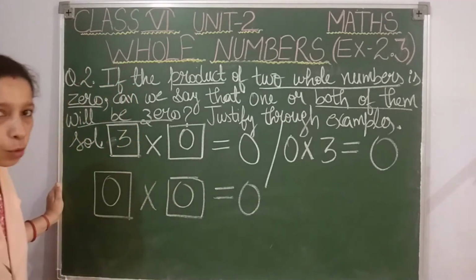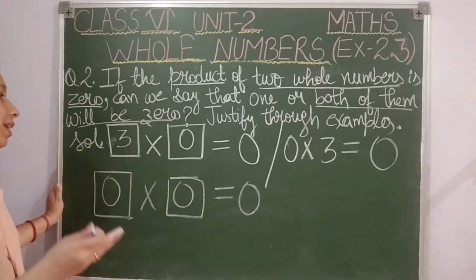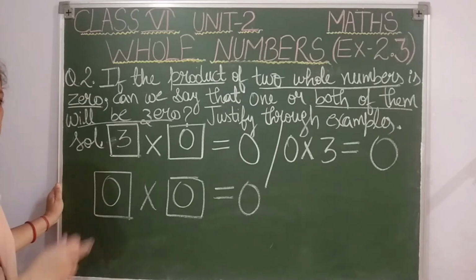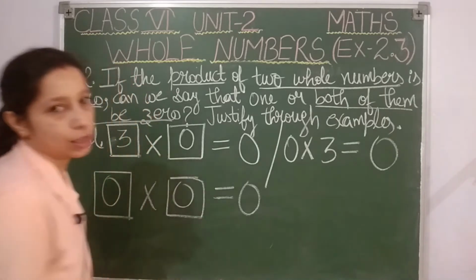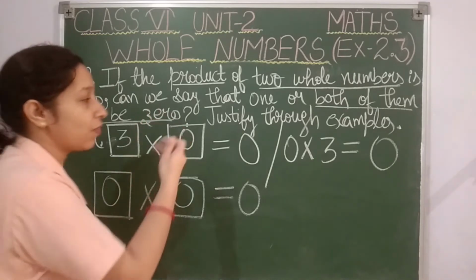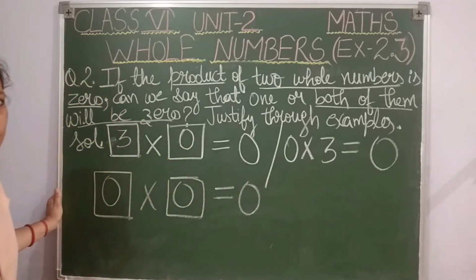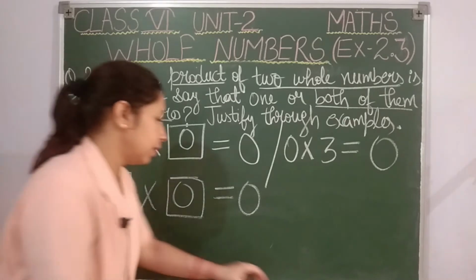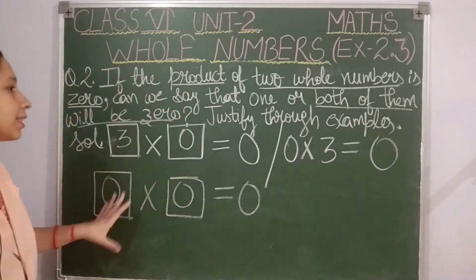So yes, it is proved. Here we can see both the whole numbers are zeros only, and its product is again 0. So like this we have justified this statement using examples. Clear, students?